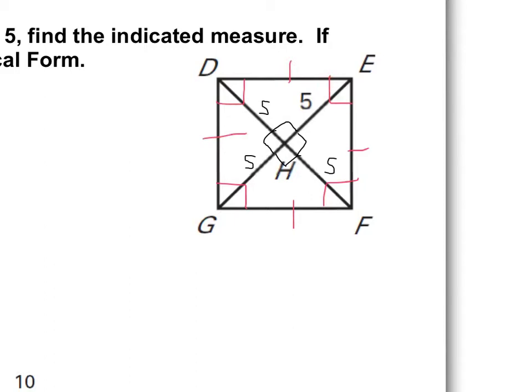So what might be helpful to do is just to solve one of these triangles. I'll just take the upper triangle here, triangle DEH you could call it, and it's a right triangle, and it's a 45, 45, 90 triangle, and I know that this side is 5, and I also know that this side is 5.